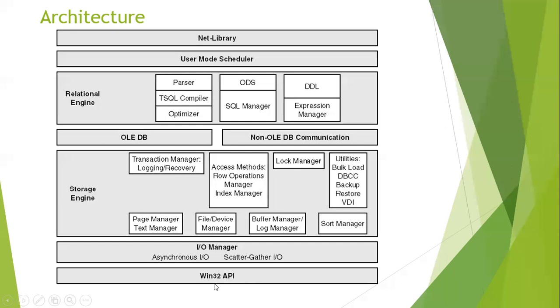The application program interface is nothing but a kind of code that Windows operating system developers have developed, and it is integrated with the applications. Any application we run on the Windows operating system will fall under this Windows 32 API.